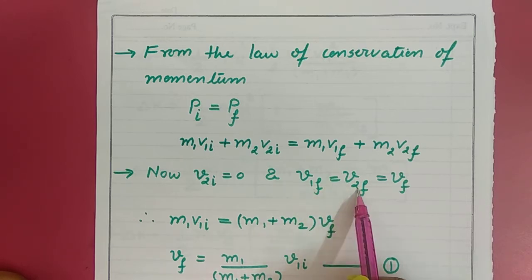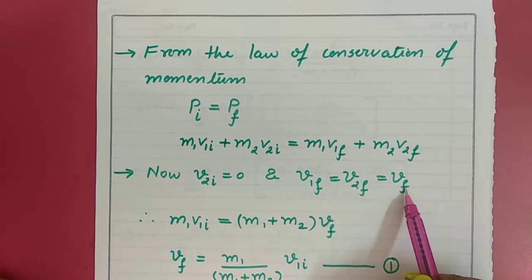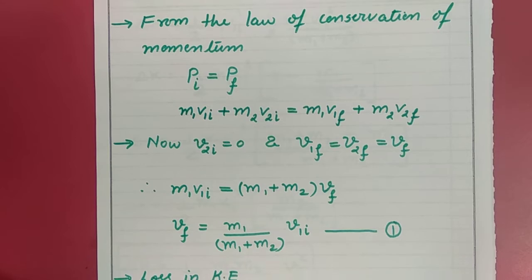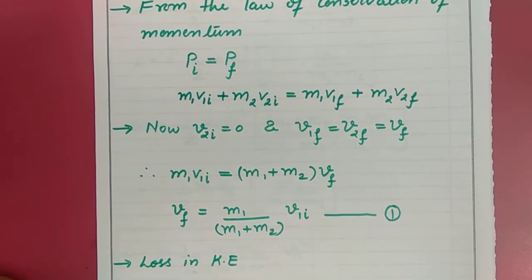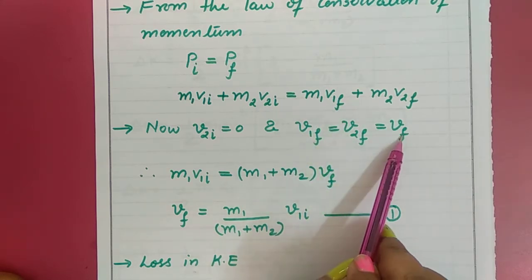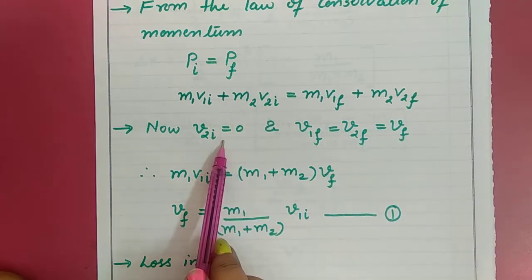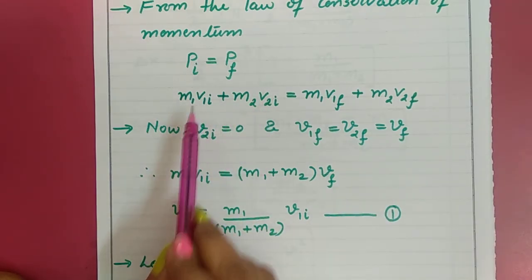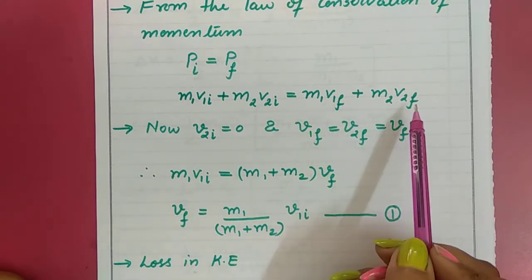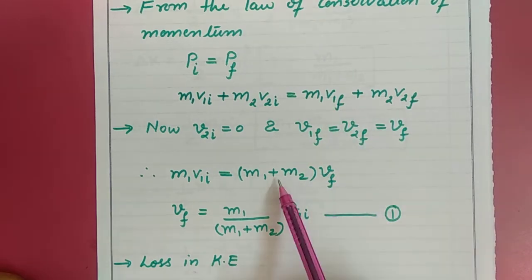So if the velocities are equal, we'll give them a common name. Instead of writing 1 and 2, we can directly write VF, because the final velocity of ball 1 and ball 2 is the same. After collision both move with the same speed. So now after substituting all these values, V1F becomes VF and V2F becomes VF. And here we put 0 in place of V2I, so that term disappears and only this term remains. From this term, if I substitute VF and VF, I can take VF common, so M1 plus M2 remains.